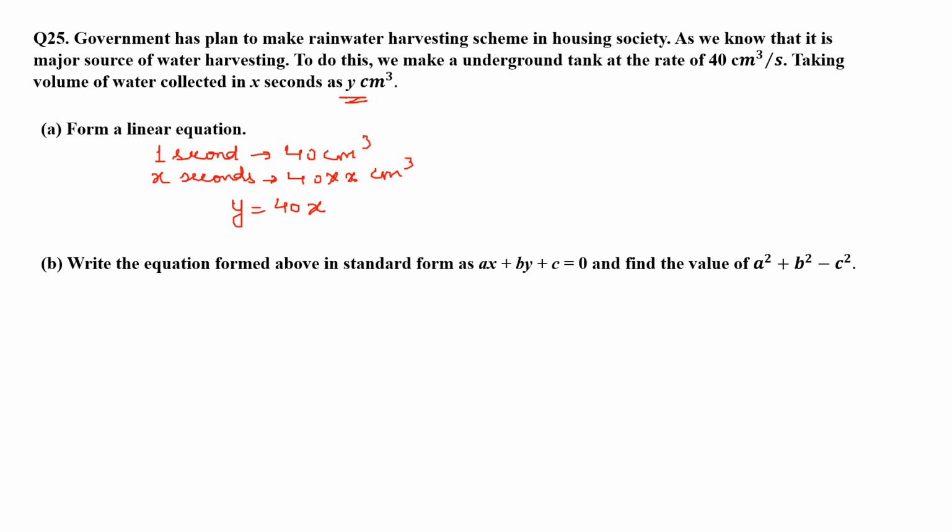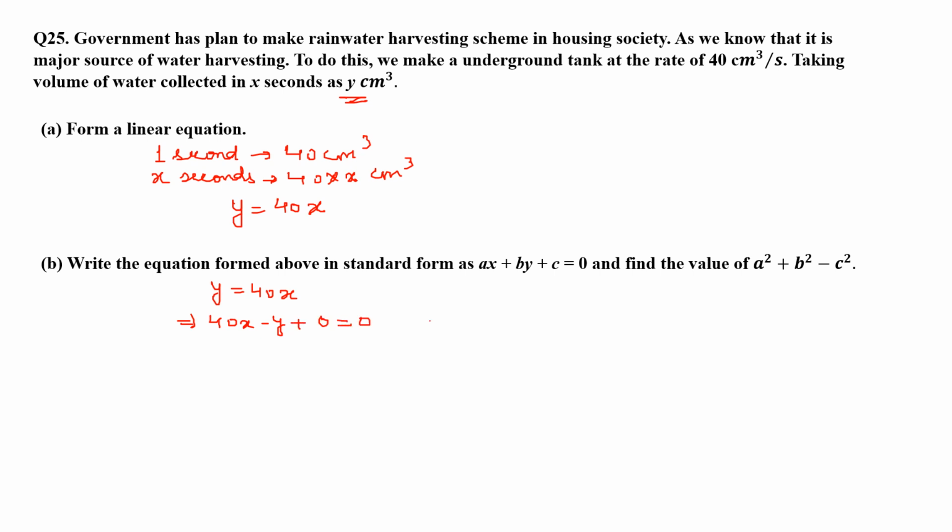Now the B part says, write it in standard form. Write the given equation in standard form as ax plus by plus c equal to 0 and find the value of a square plus b square minus c square. So now write this equation y equal to 40x in the standard form. It will be 40x minus y plus 0.